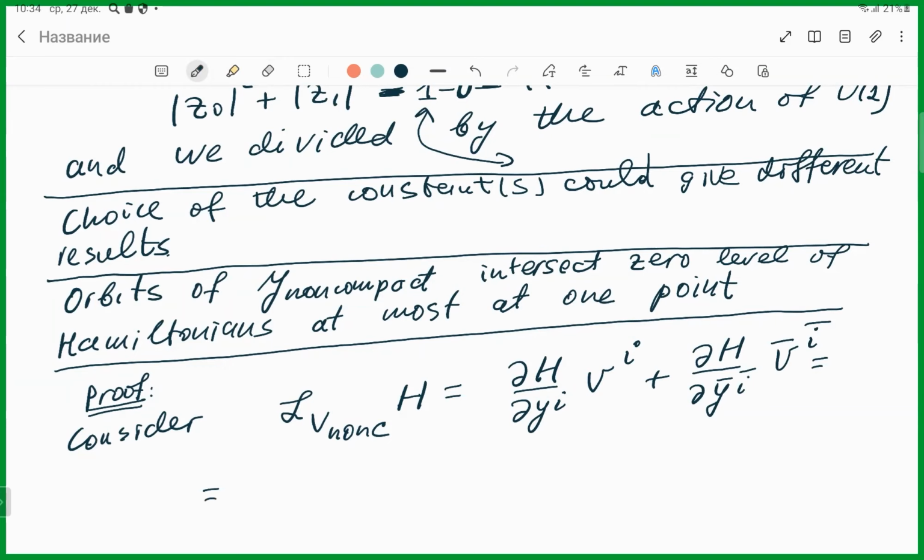You may check that it is exactly dH over dy^i, and here I have dH over dy^j bar, g_{i j bar}, probably with a factor 2. And this is strictly positive.